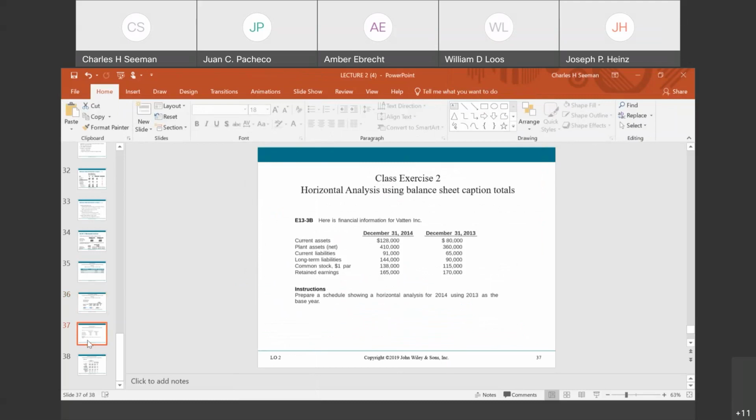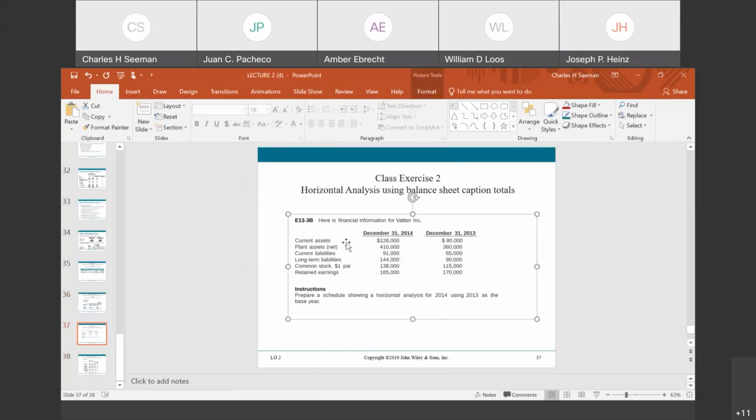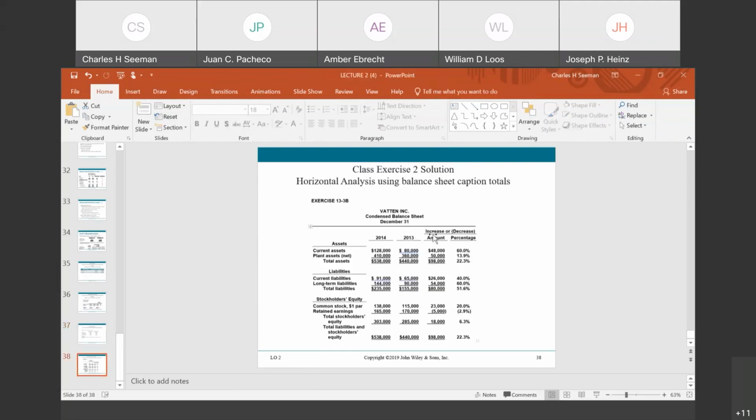So when we ask for a schedule of horizontal analysis, we're simply asking for this. But what you would do is if you're using Excel and you're given this, you simply add 2 columns, one that shows the amount increase, one that shows the percentage. If you know how to do that in Excel using the formula, that's awesome. I recommend you learn.